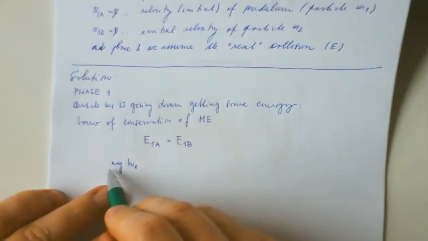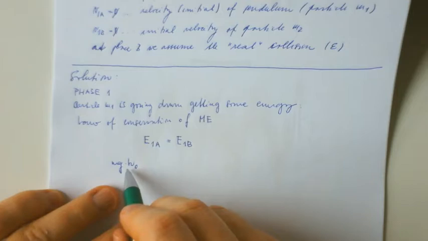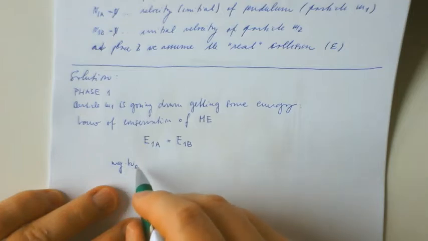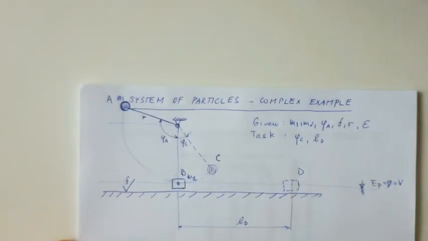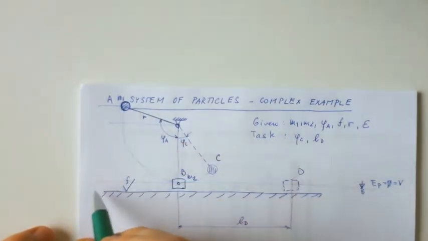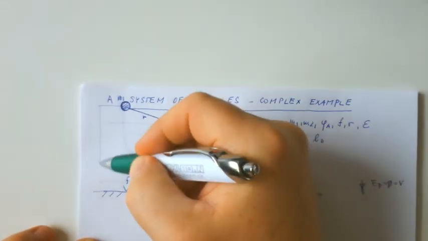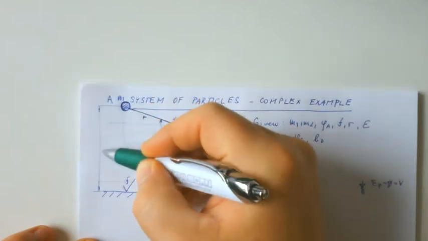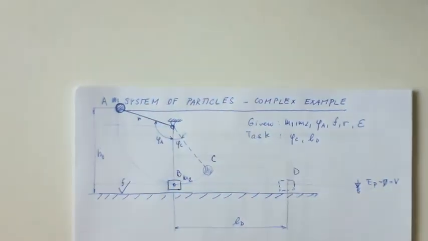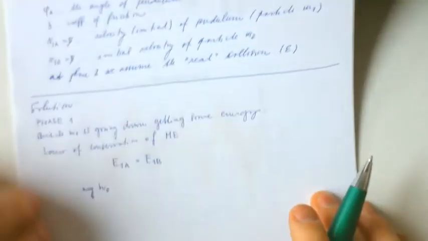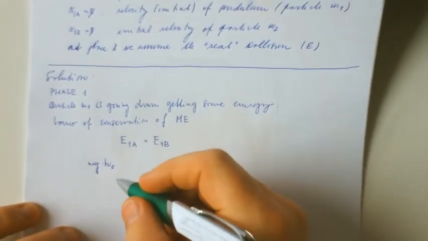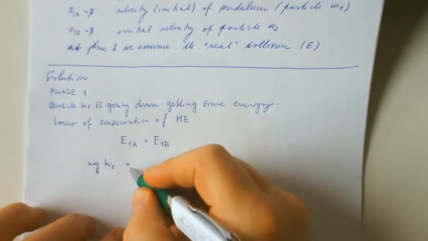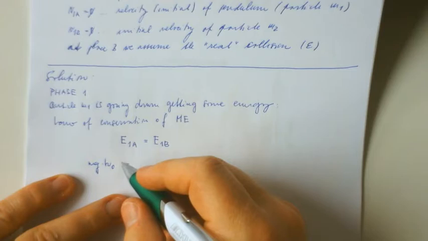It's a potential energy of particle 1, where h0 is here, and all this energy is changing during the motion to kinetic energy.